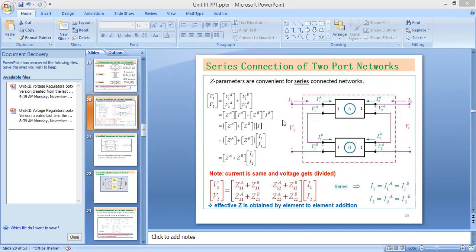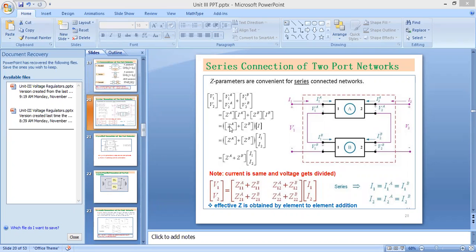So I can take IA equal to IB equal to I. So now my equation will become ZA into I plus ZB into I. So I can take I common. So I have written here directly I common and in bracket ZA plus ZB.